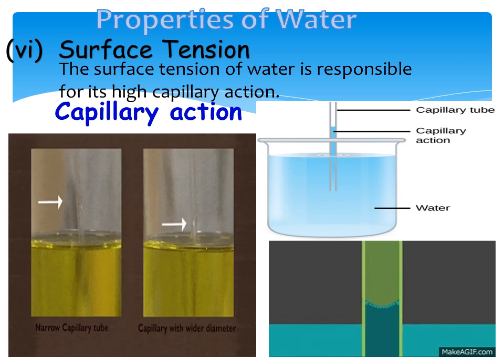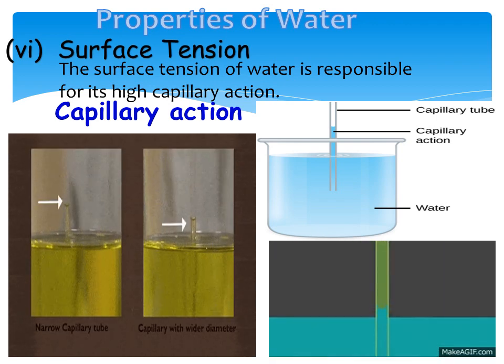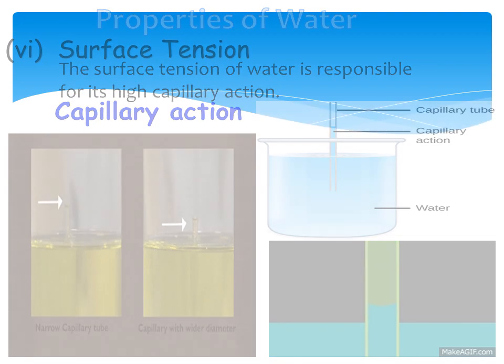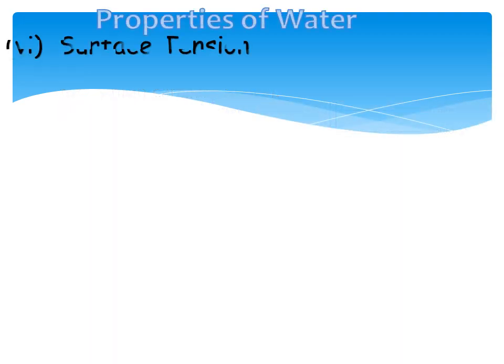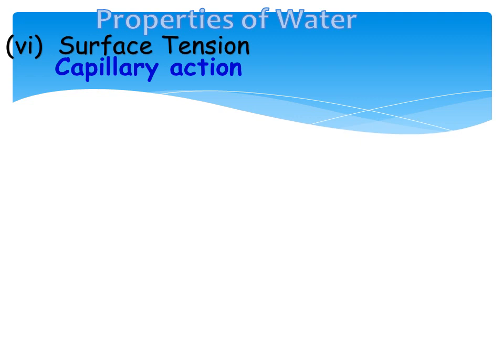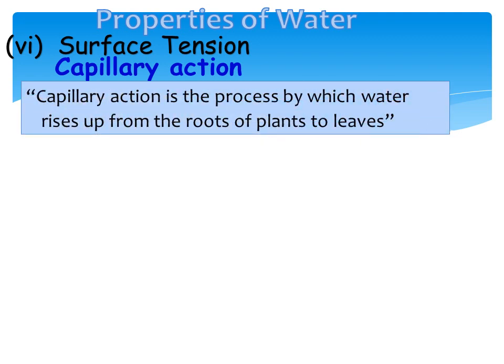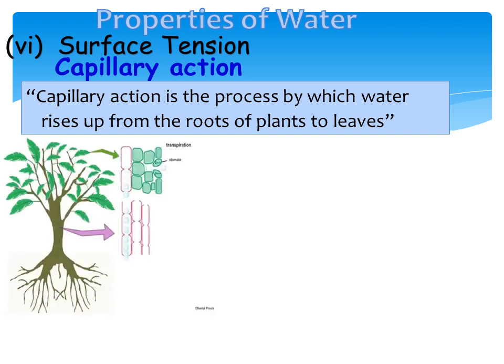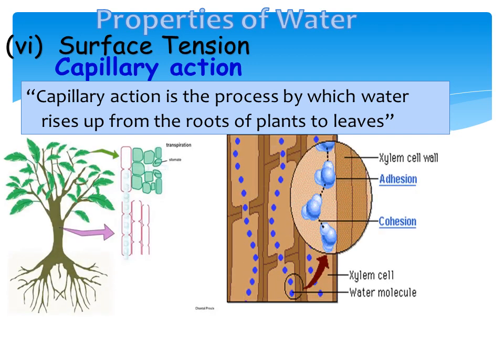And as you see in most examples, water is taken up from the roots, and this is because of capillary action. This whole phenomenon is very useful because it takes the water from the roots to the leaves, so the water ascends upward through the xylem cells to the leaves.